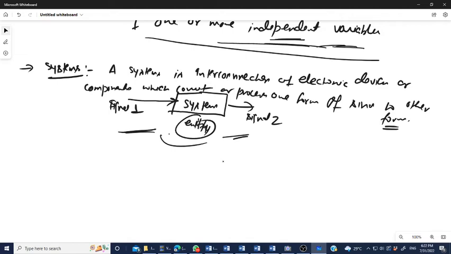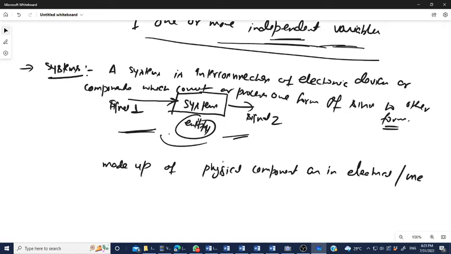The system is not necessarily made up of electrical devices, electronic components or electronic devices, but may be made up of physical components, maybe from electrical, mechanical, or hydraulic, different types.